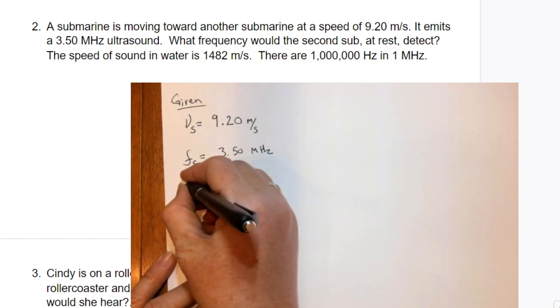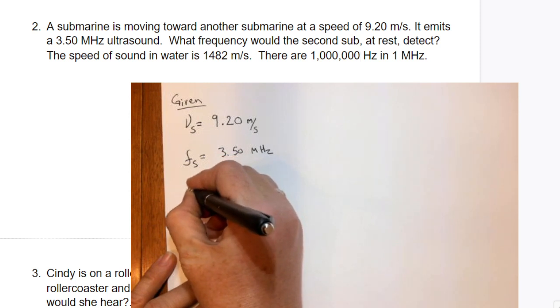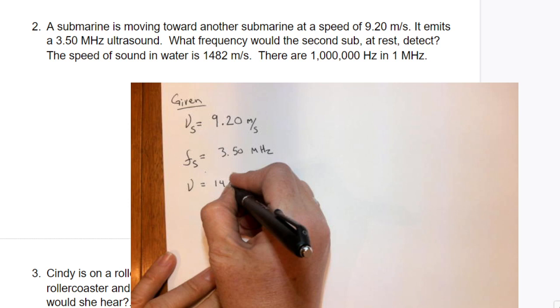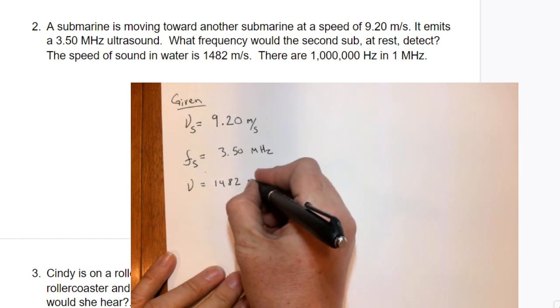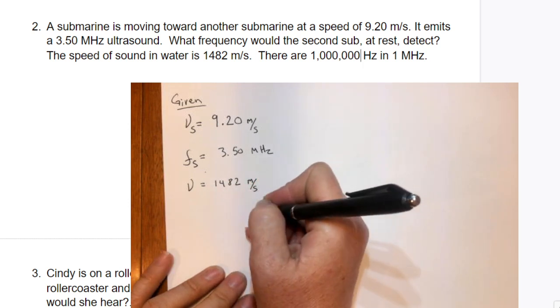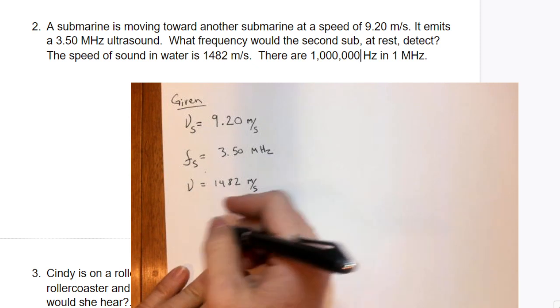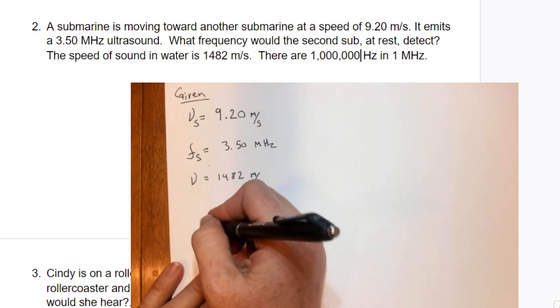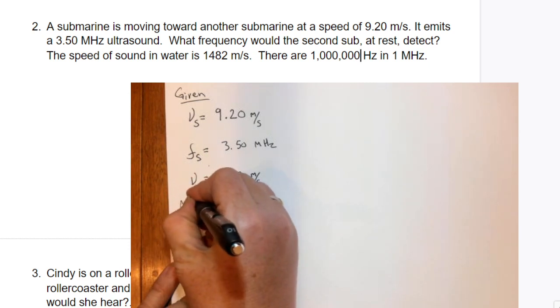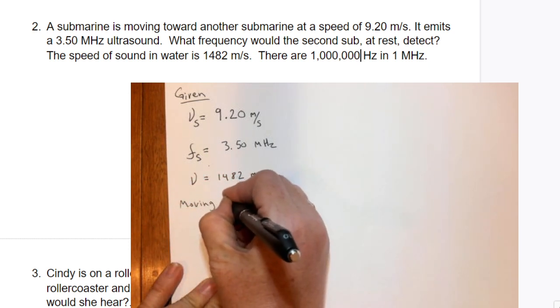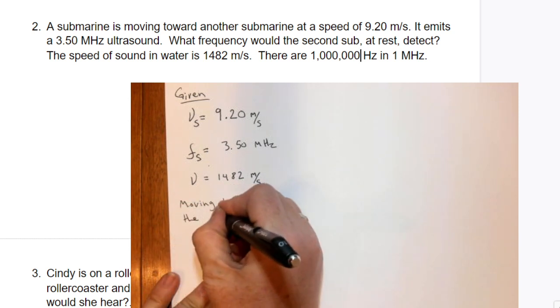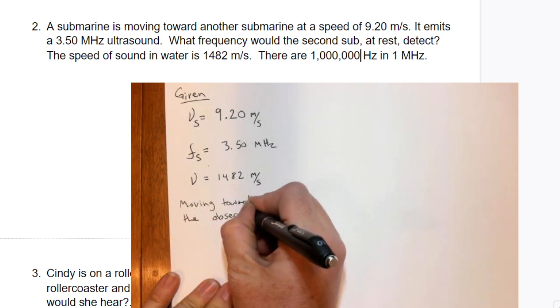They tell you the speed of a sound wave in water is 1,482 meters per second. Pretty fast, right? They tell you that the sound source is moving towards the observer. So make a note.